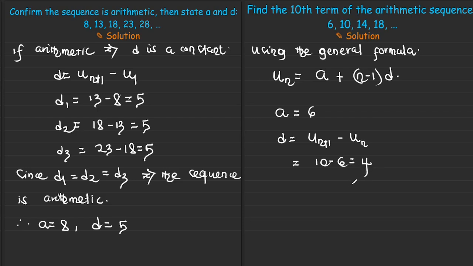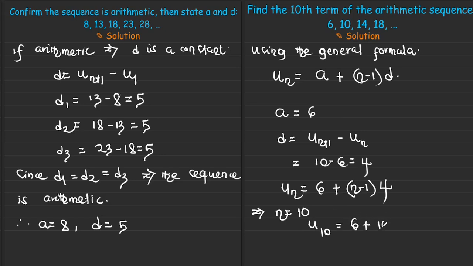Now substituting into our general formula, then it simply means our Un for every term at all: Un is equal to A, which is 6, plus (n minus 1)D, where D is 4. So if our n is equal to 10, which is the 10th term we want, then our U10 is going to be what?